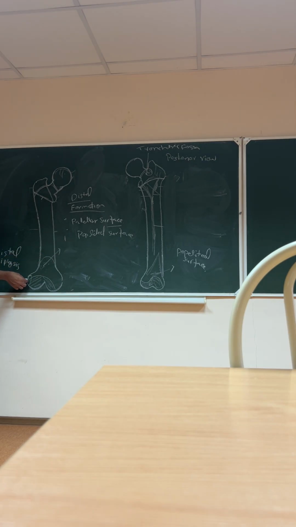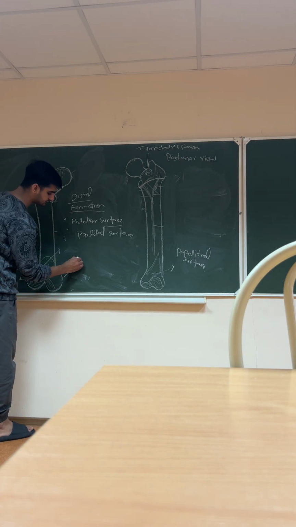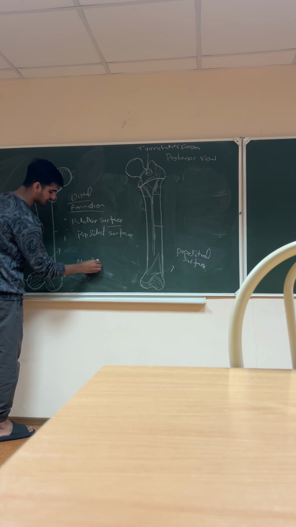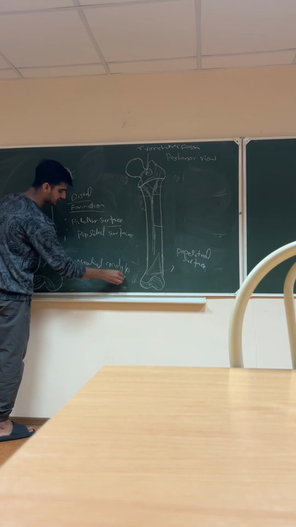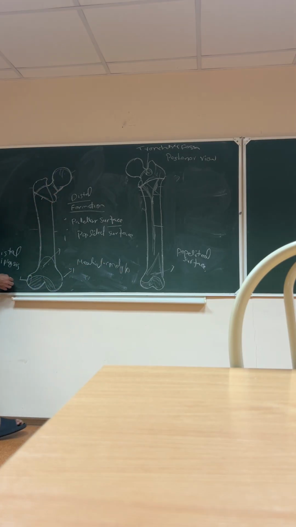You can see in the anterior we have this. This is the middle side and this is the lateral side. This is called the medial condyle, and this is the lateral condyle.